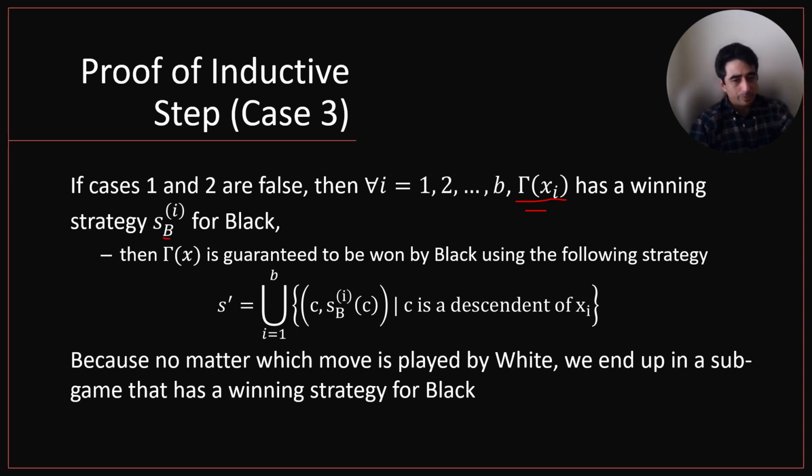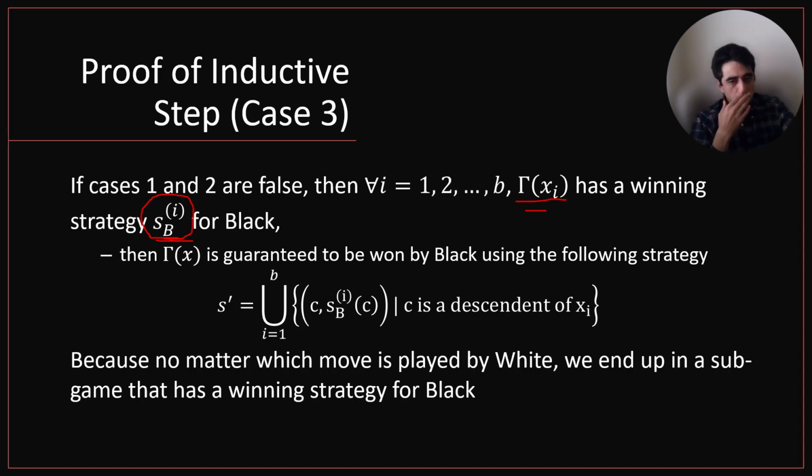That winning strategy for black is represented by SB i, so S sub B, superscript i. Okay, so what? In other words, in this third case, white is hopeless because no matter which child of x it goes to, that child and the subgame rooted at that child will have a winning strategy for black.